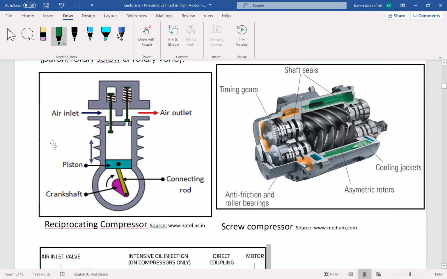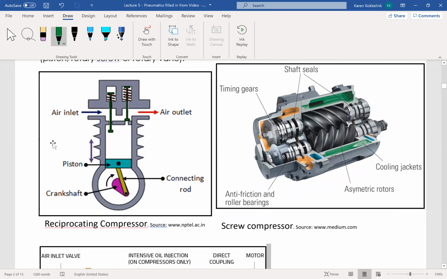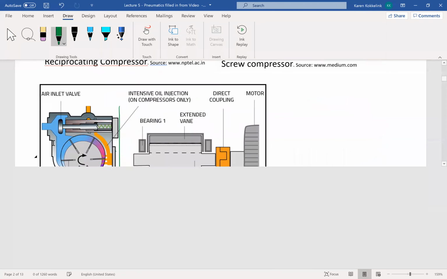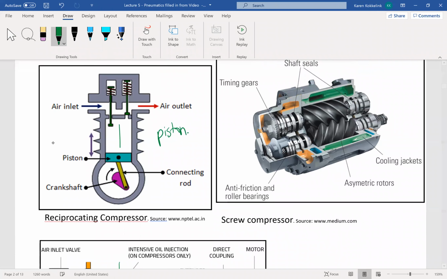So compressors, you're going to learn about compressors in a lot of your courses. So this is the general, most basic type, a reciprocating compressor. It's a piston. The piston moves up and down inside the bore.